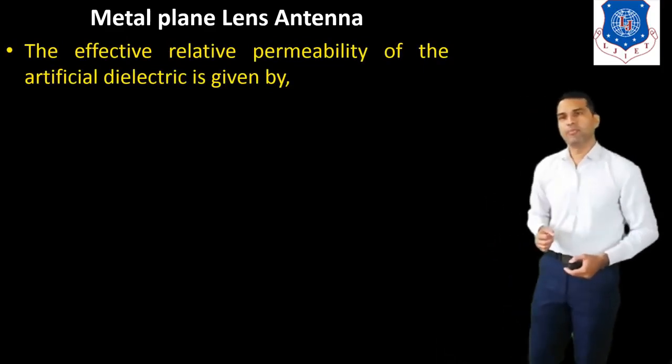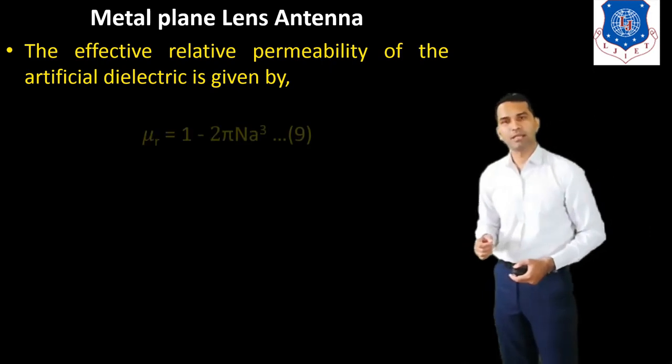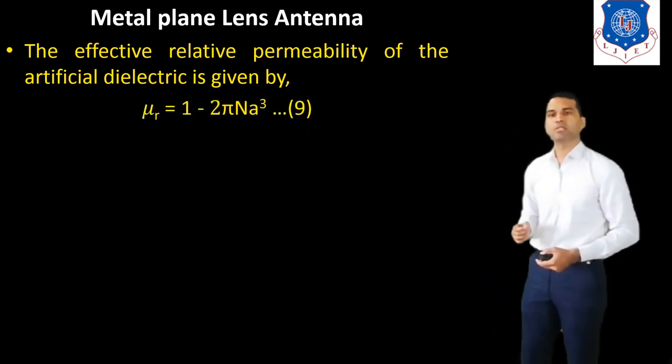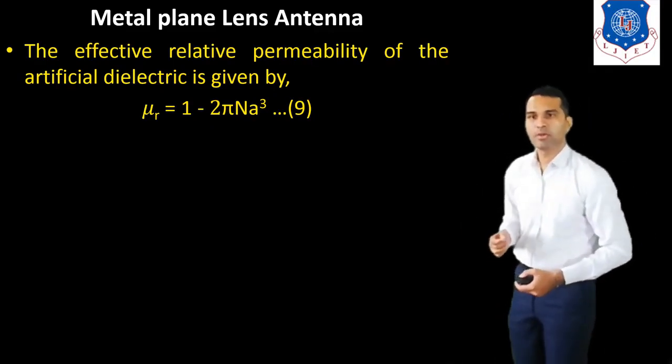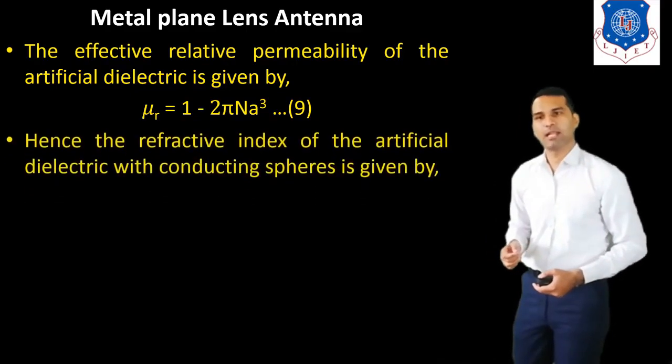Now, the effective relative permeability of the artificial dielectric is given by μr = 1 - 2πnA³. So this is the equation for the permeability of the artificial dielectric.